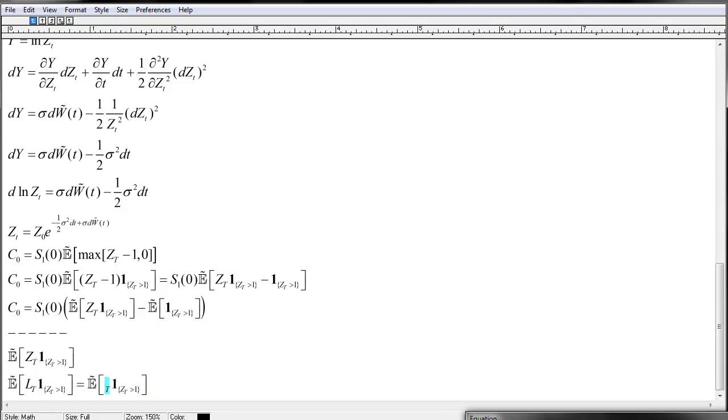The new measure will be denoted, let's say this is the new measure. So I got the expectation of the same thing, but under the new measure.